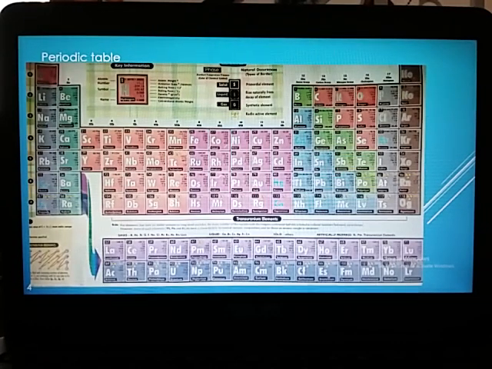Now, let's take a look at our periodic table. Looking at our periodic table, how many elements do we have? There are 118 elements. Tanong, anong basis kung paano natin masasabi na light elements ba to or heavy?